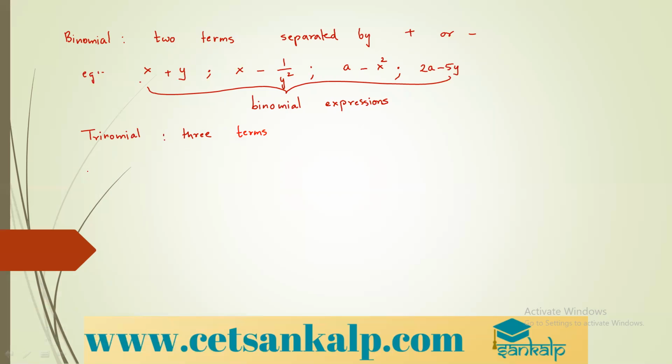In the same way, there are multinomials. Multinomials, there will be many terms separated by plus or minus. But in this chapter, we will be learning only binomial, at the most trinomial.